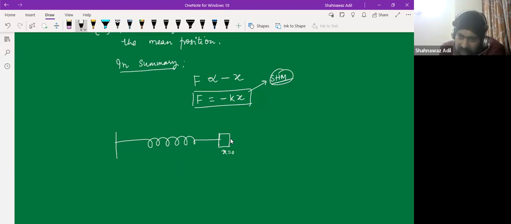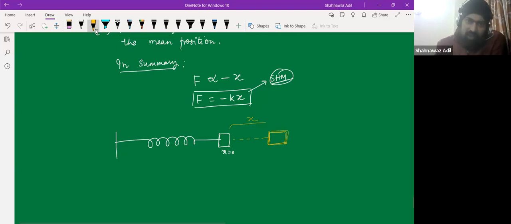Now we are stretching this in this direction, let's say some x distance. So now this is the position that is there, right? So where will the restoring force act? Where would be the restoring force?